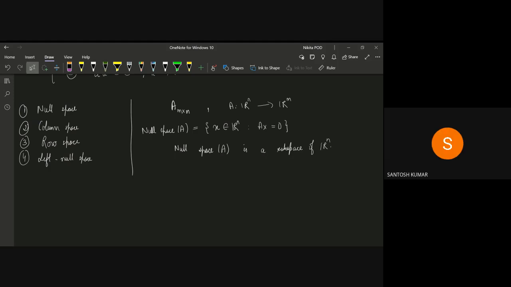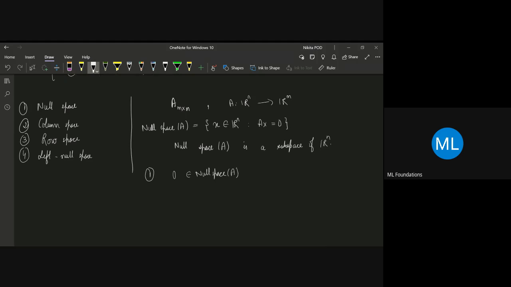Zero should be there in this. Yes. See, first, 0 will always belong to the null space of A, right?